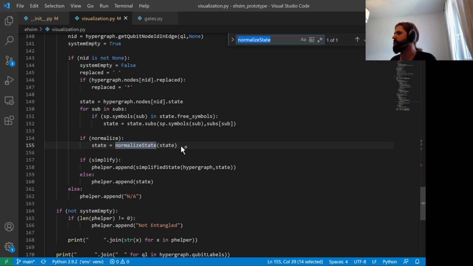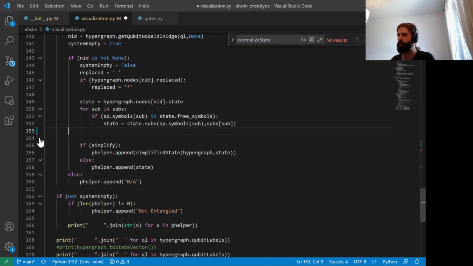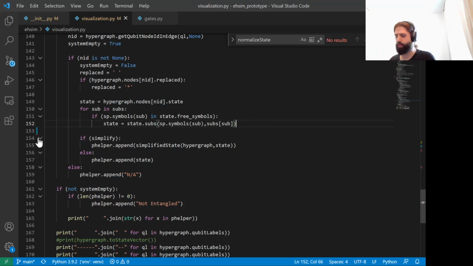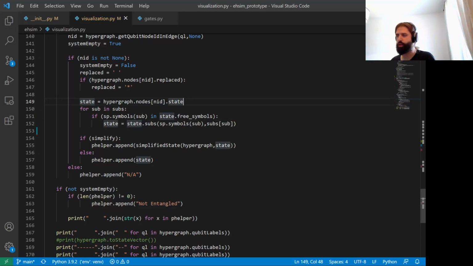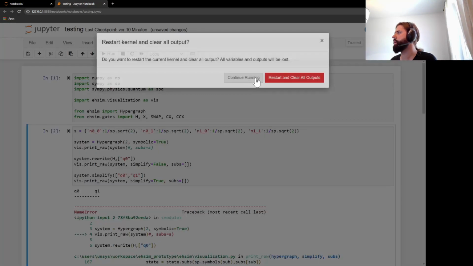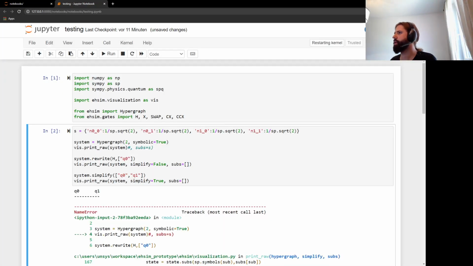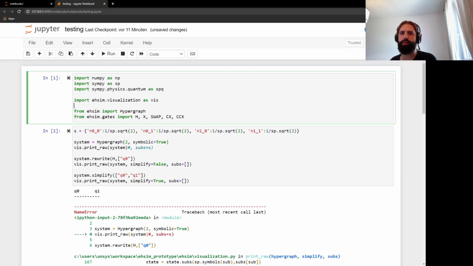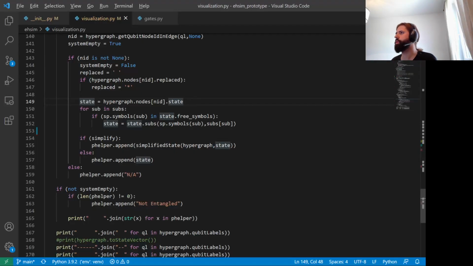I have forgotten this one as well. Don't want to normalize. No results. Yo, this is getting slow again. It's like sometimes it just goes so smooth.